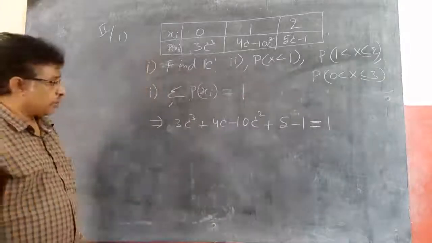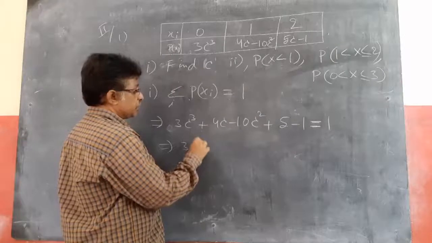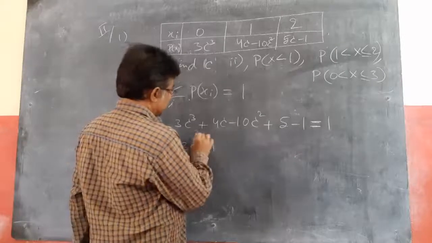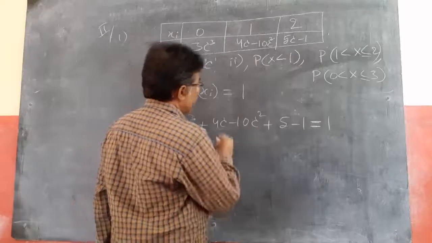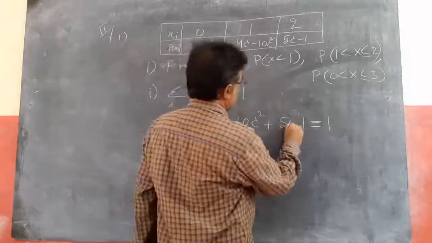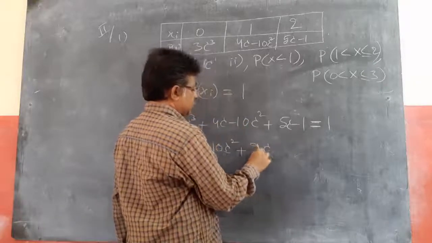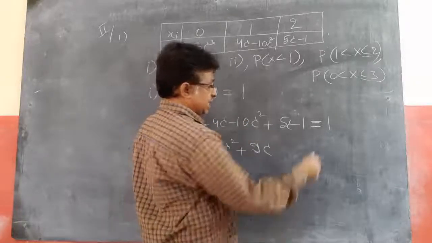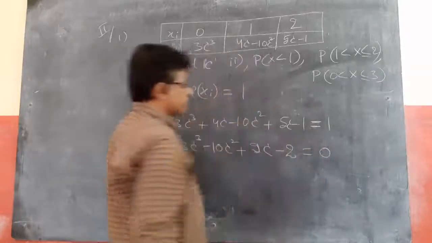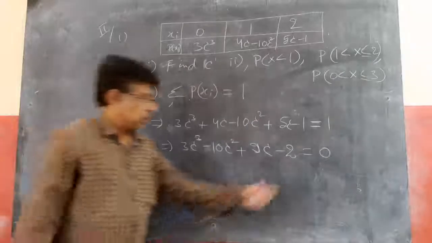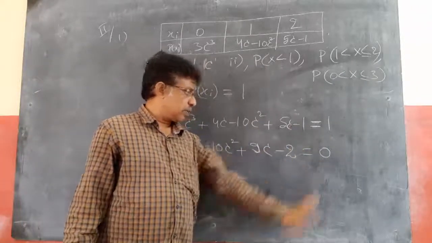So, I can write like this. 3c cube minus 10c square plus 4c plus 5c is 9c, plus 1 coming inside minus 1, so minus 1 minus 1 becomes minus 2 equal to 0.